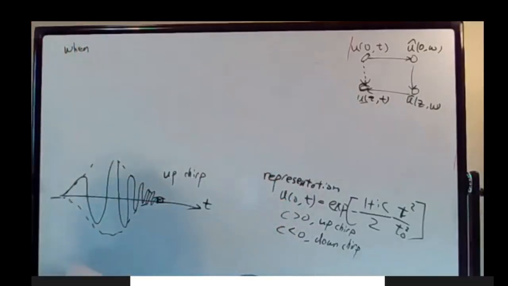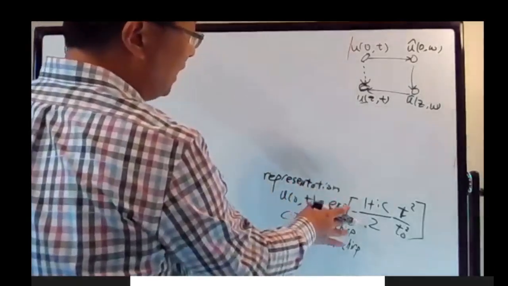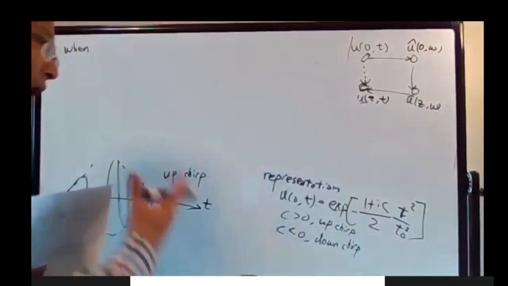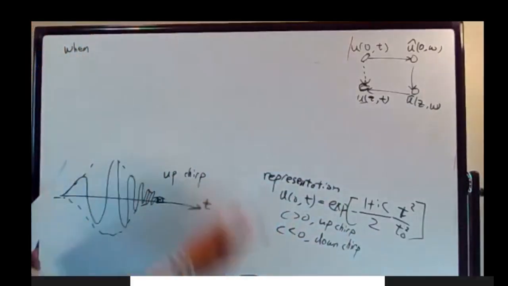So when the light pulse comes from a laser, it might be chirped, right? So once we put this into a fiber, it depends on whether you have positive dispersion or negative dispersion.